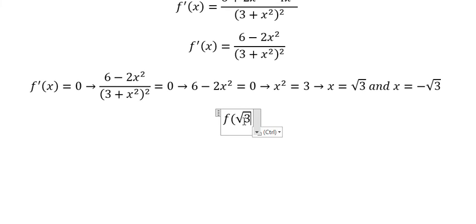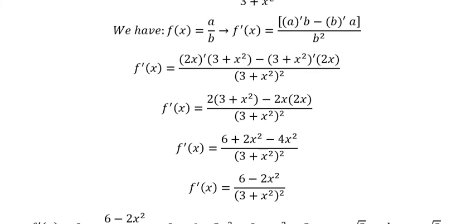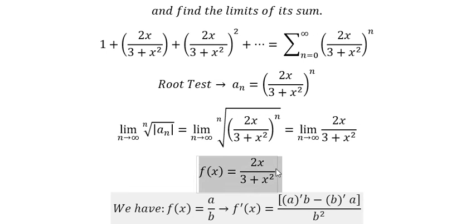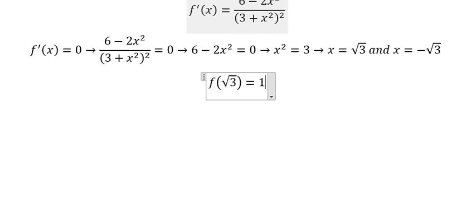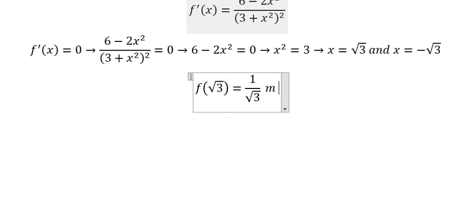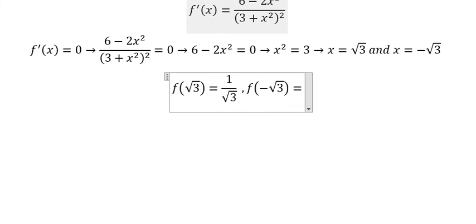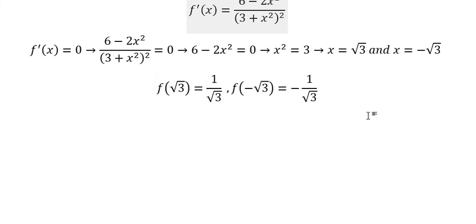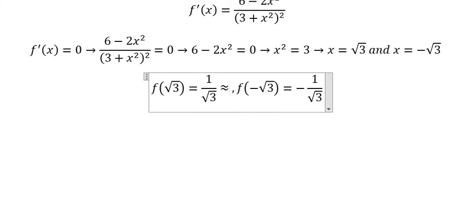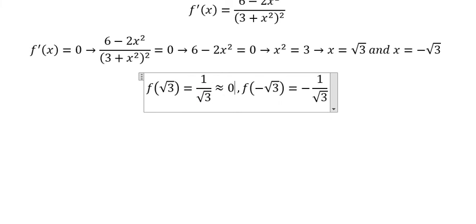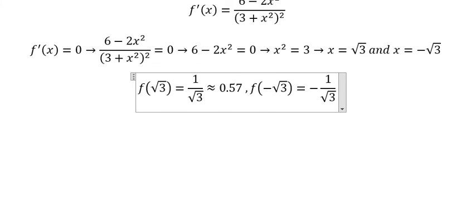So we put this one back into the function in here, and we have 1 over the square root of 3, and the second one. So we know that this one approximates 0.577.